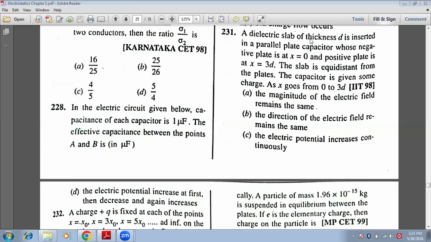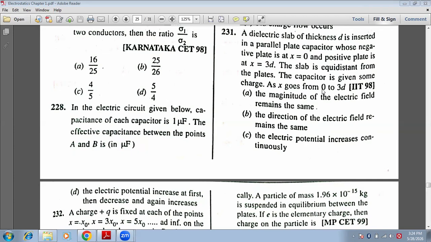A dielectric slab of thickness d is inserted in a parallel plate capacitor whose negative plate is at x equal to 0 and positive plate is at x equal to 3d. The slab is equidistant from the plates. The capacitor is given some charge.